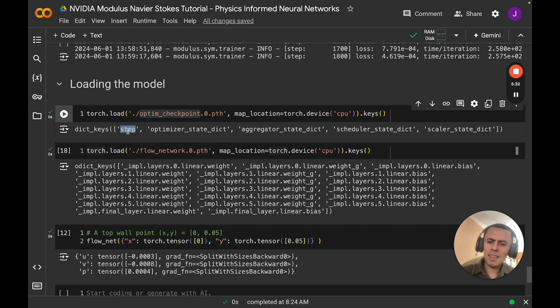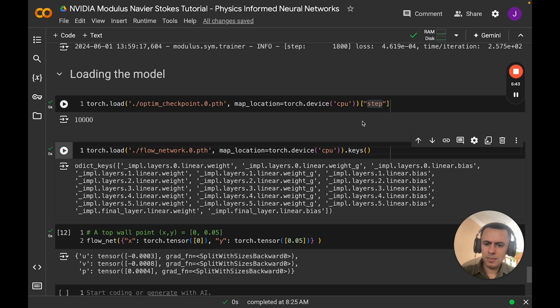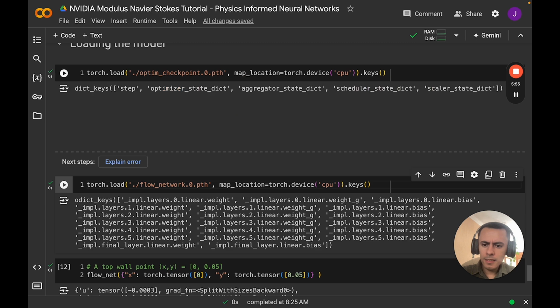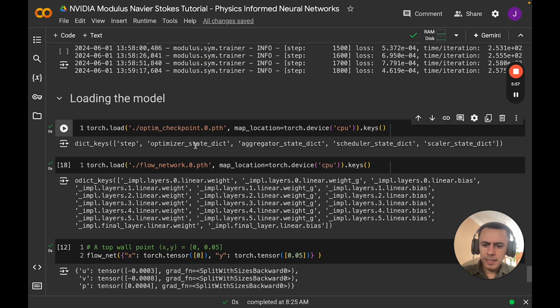So I wonder what happens if we do a step here. The last step. Okay. Oops, keys. Keys. Optimizer state dictionary.